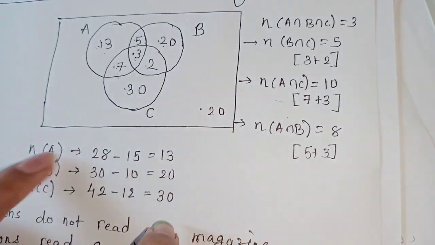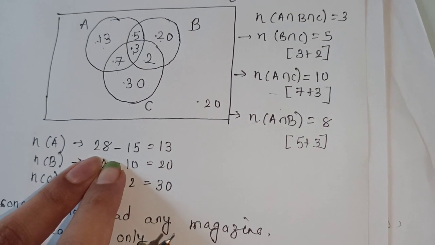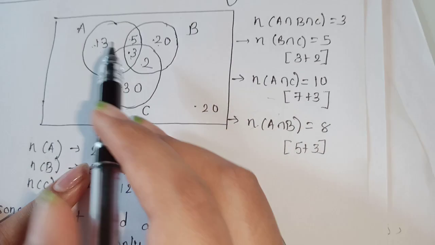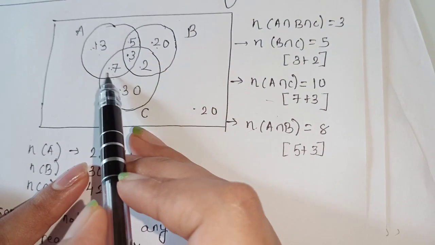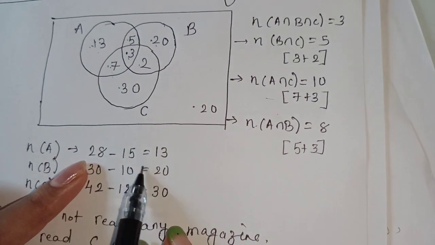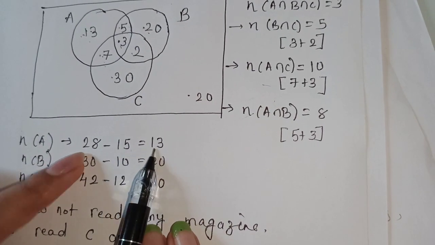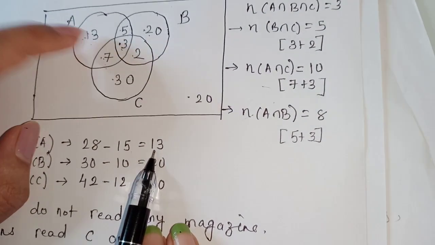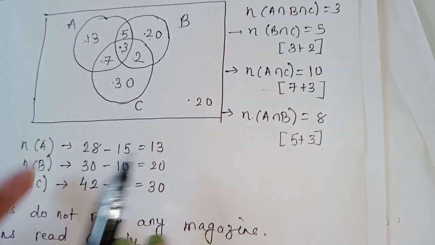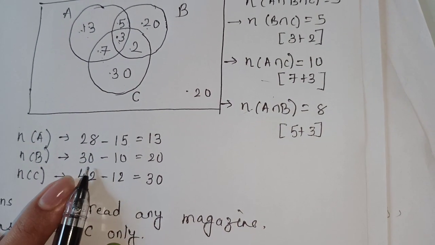Now next, it is the turn of these 3 regions. So over here, number of A is 28. Okay, now I will add all 3, so you will get 15. So if I subtract 15 from 28, I will get 13. So in A you will write 13. The number of B total is given as 30.